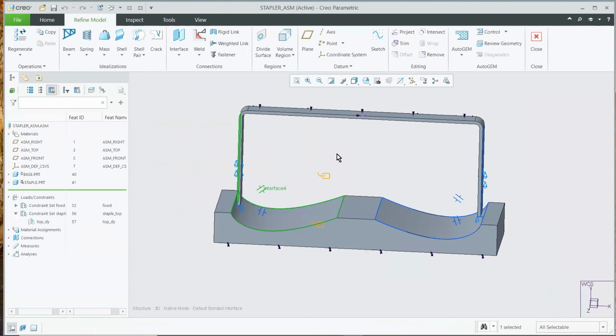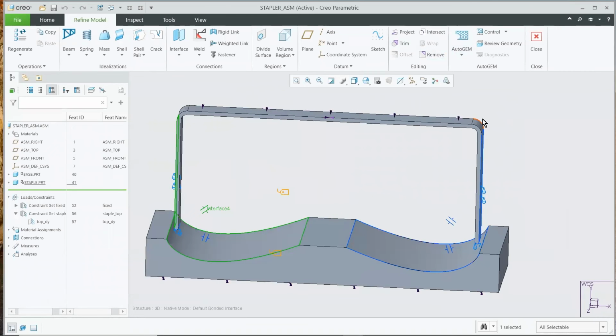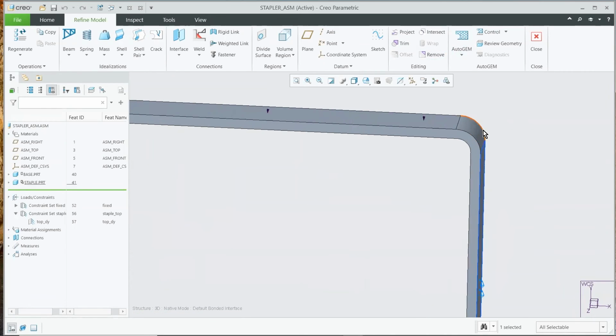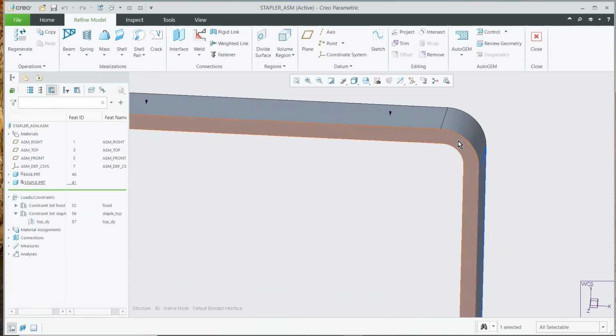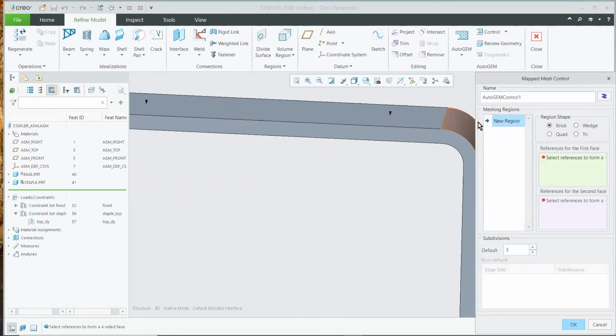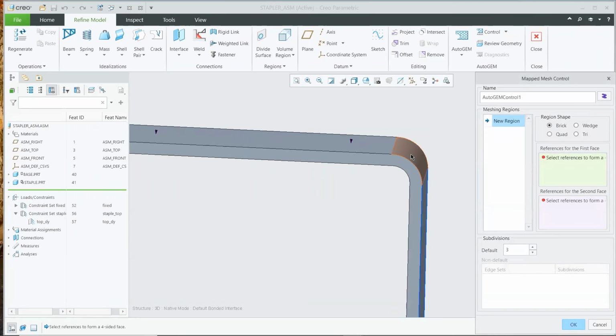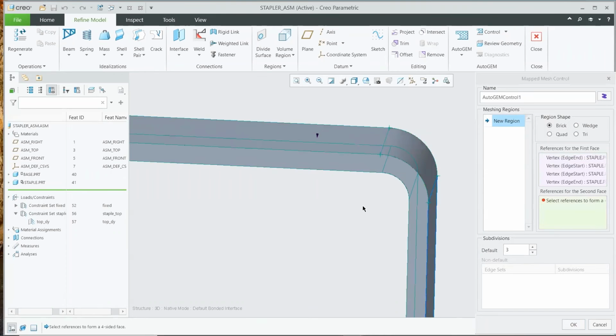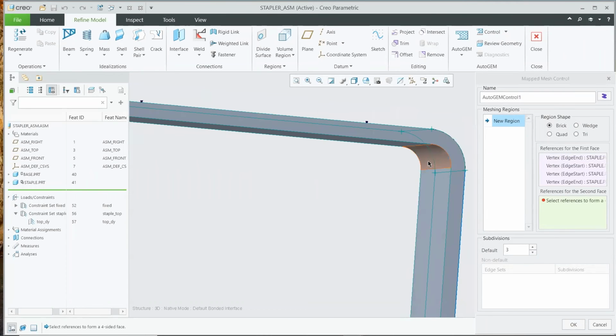And finally, what we want to do is set up our analysis. So I'm going to go over here. Oh, one other thing is, because there's going to be some kind of large deformations and changes coming in this area, I'm going to put a little bit more elements in the corners here to maybe get some better results. I can use something called map mesh, but basically I can control the mesh in a particular area. So I'm just going to say between this surface and this one, let's use like 4 elements.